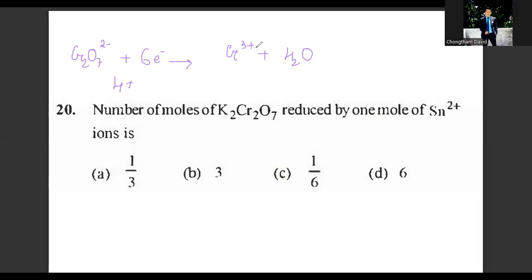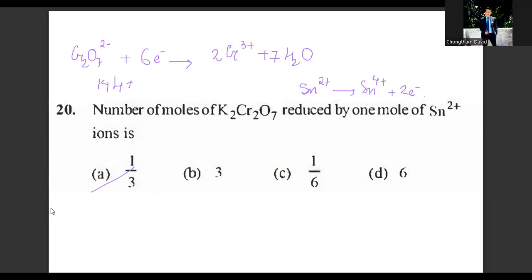So there are 2 chromiums, put here 2 to balance this, hydrogen 7, 14. And in the second case, tin is going to undergo oxidation by losing electrons, 4 plus 2 electrons. That means 1 mole of tin 2+ provides 2 moles of electrons, which will reduce 1 by third of Cr2O7 2-. So the answer for this question would be A.